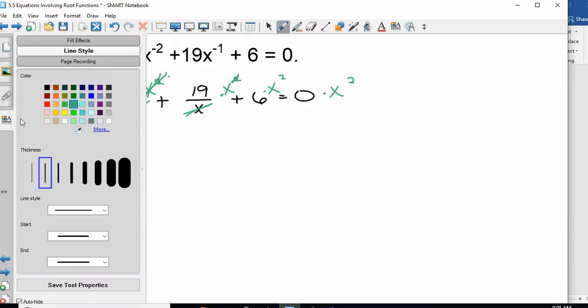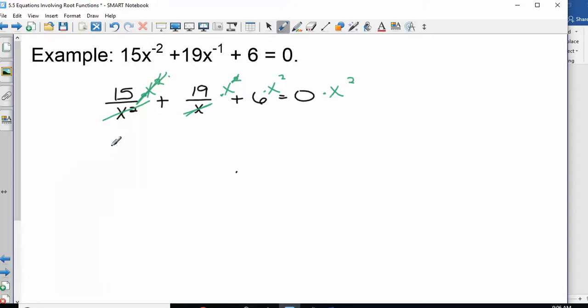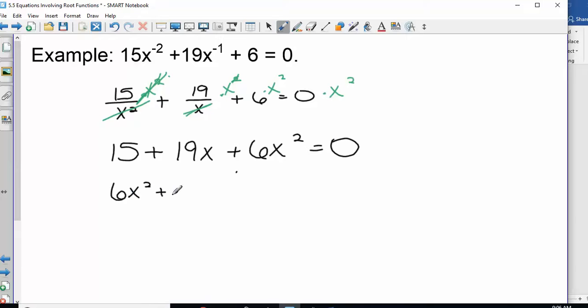And now, we don't have any fractions left. So we have 15 plus 19x plus 6x squared equals 0. And now, can you flip it and just do box method? You can. Can I do the shortcut this time?